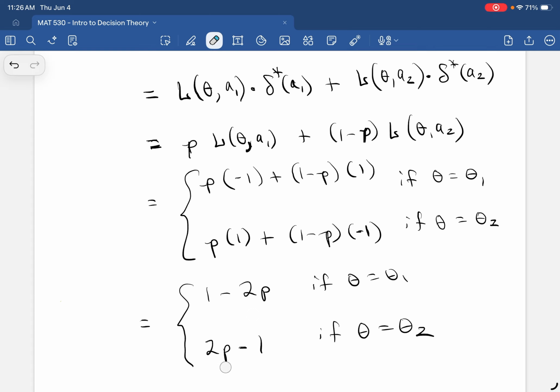In the second case, if the opponent chooses tails, then the risk is a linear function of p that increases. If p is 0, then the loss is -1, and if p is 1, the loss is 1.